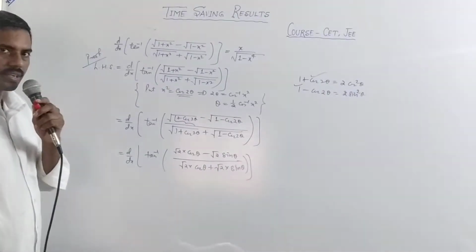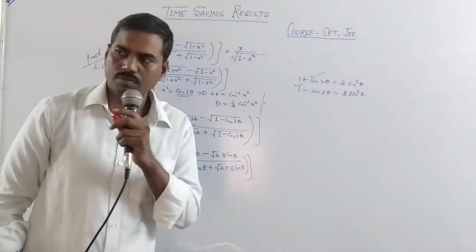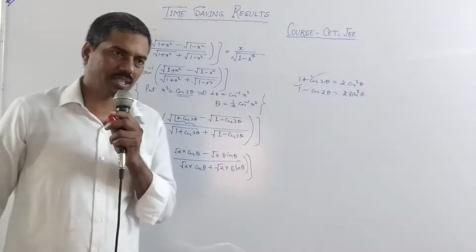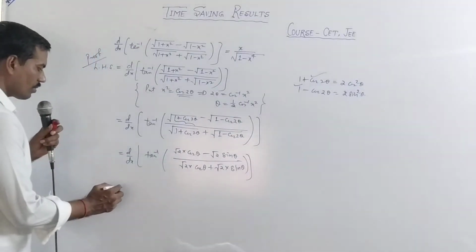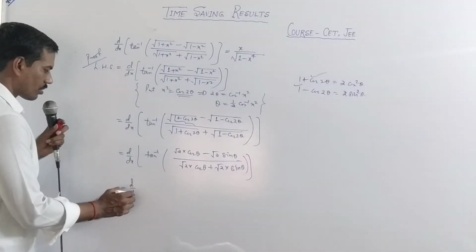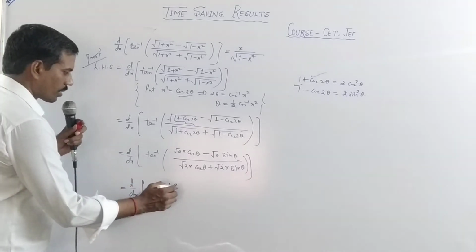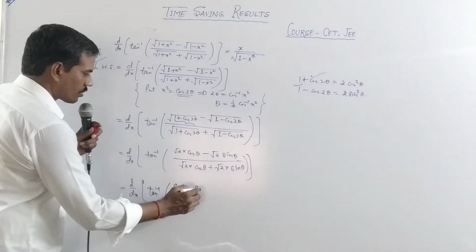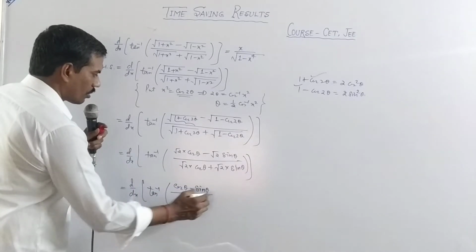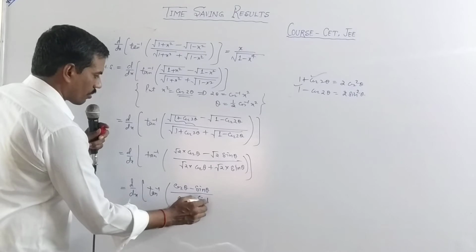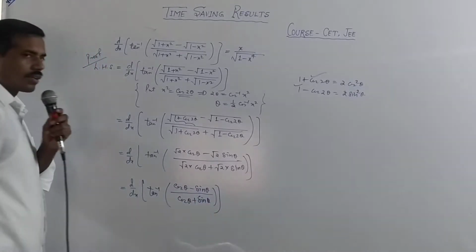And when we take under root 2 as common from numerator and denominator, and root 2 gets cancelled, we have d by dx of tan inverse of (cos theta minus sin theta) whole divided by (cos theta plus sin theta).